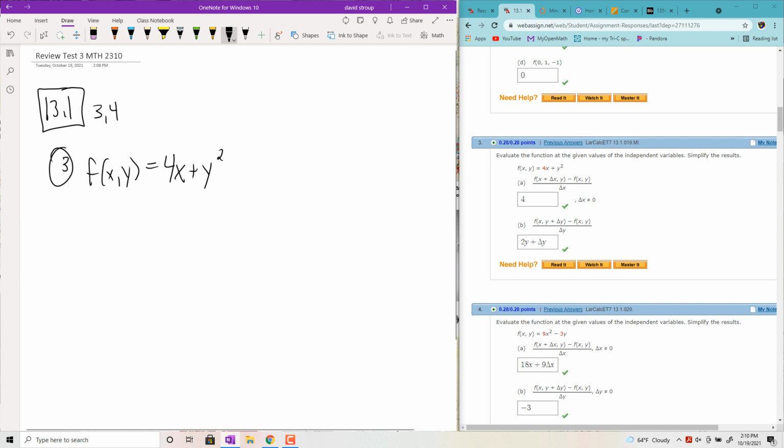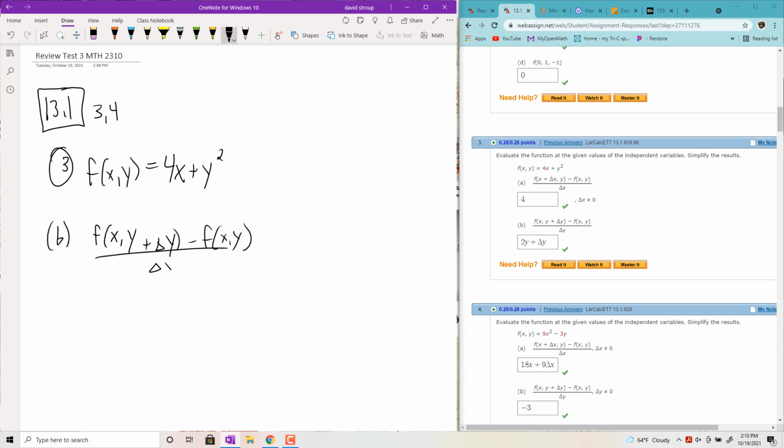So I'll just look at part B for number 3. They give us the function, and then we want to evaluate f of x comma y plus change in y. So this would be the difference quotient for the partial derivative with respect to y: f of x, y plus change in y minus f of x, y, all over change in y.